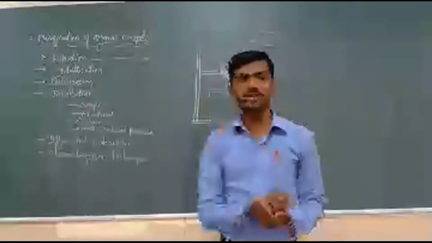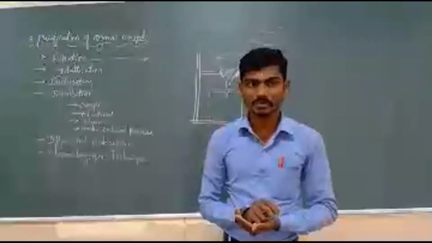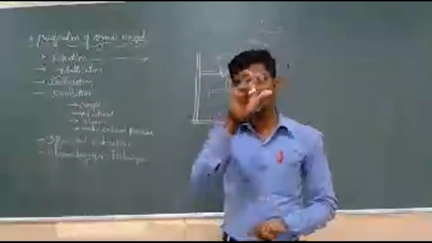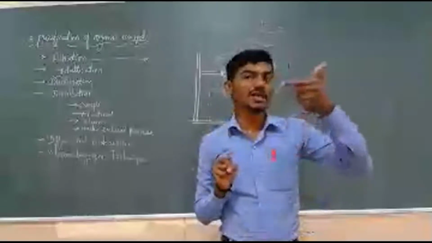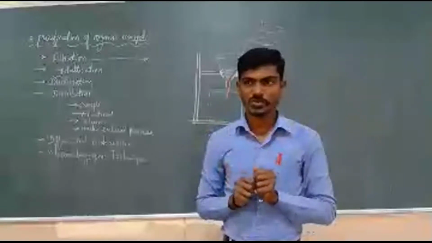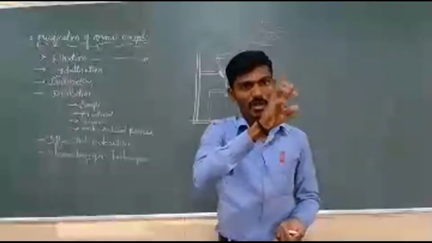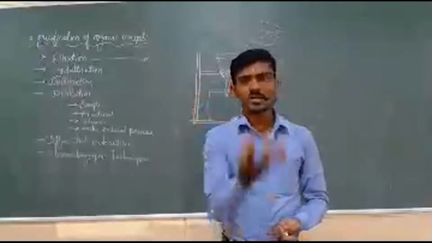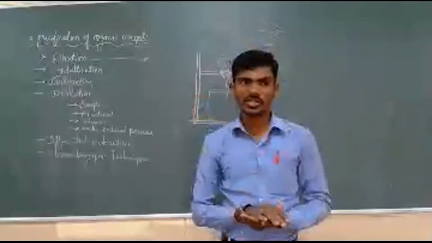And the second one is by using a Buchner funnel. With a Buchner funnel, by using a suction pump, we can increase the rate of filtration. If vacuum is created, then definitely the process of filtration increases.